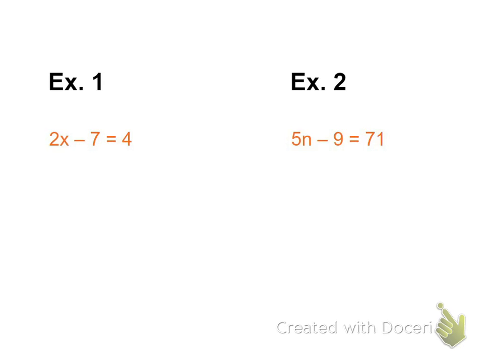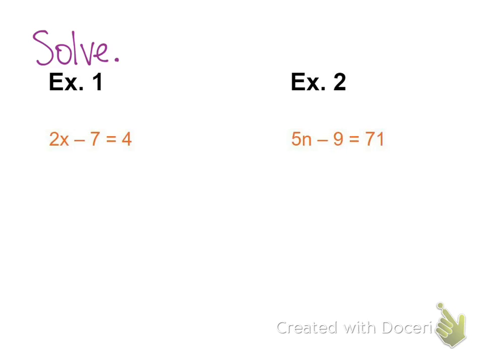All right, we're jumping straight into our examples now. Make sure you copy down the original problem. Our directions are to solve, which means we are getting the variable by itself. And we are going to show all of our work for doing that. So we are doing our order of operations in the opposite order.